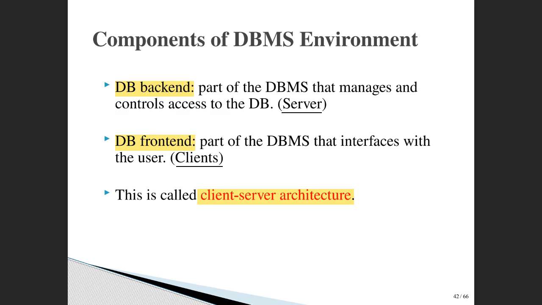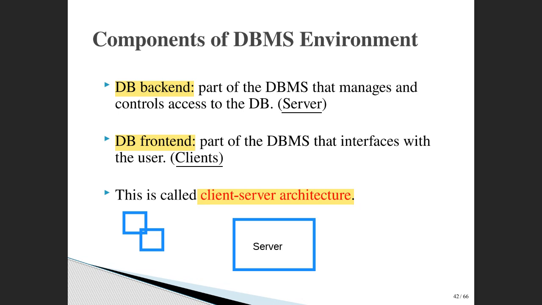If I can draw it here, it will clarify the idea. So this is, for example, the server. Let's assume that this is the server. Client server architecture means that we have a central system, which is called the server, and there are connected devices here. Let's assume that these are the clients.